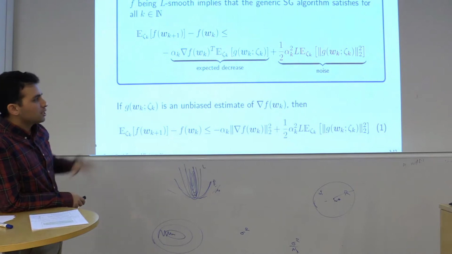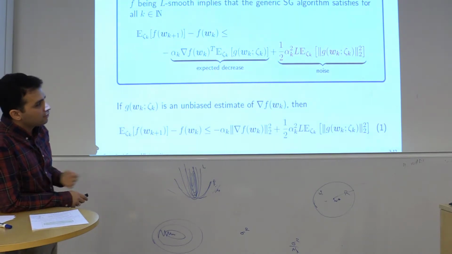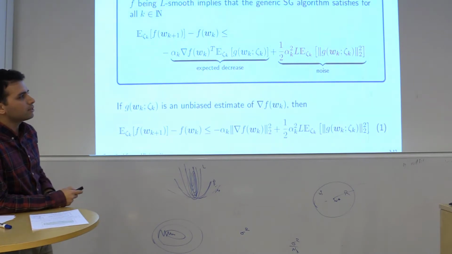Assuming that this is positive, the whole term here is going to be negative, so this is the expected decrease. But unfortunately, we do have noise, and all the terms here are positive. Alpha is positive, L is positive, and this term here is positive as well. So there is no way that we can reduce this unless we play with these parameters.